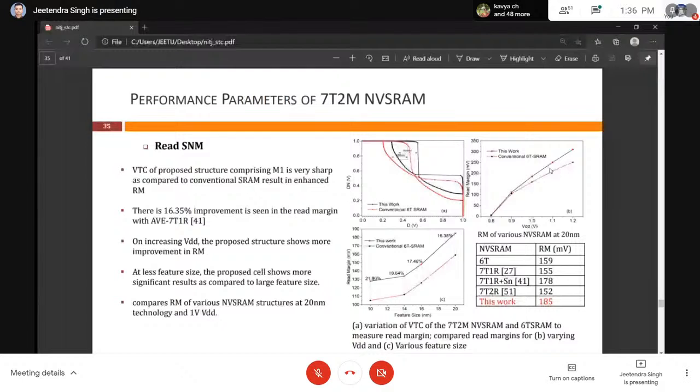Also, you can see that as we decrease the feature size of the transistors, the read margin obviously decreases, but the decrease in the value for this SRAM cell is less as compared to the decrease for the conventional SRAM.